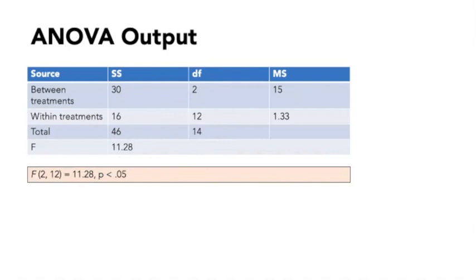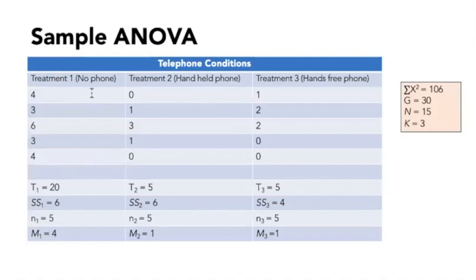What it means is we had 3 groups: the no phone condition, the handheld condition, and the hand-free condition. These are all statistically significant differences. So this ANOVA is statistically significant. Now, this is what I wanted to discuss today.